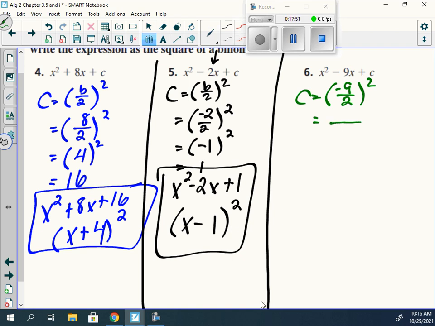Negative 9 over 2 squared, well, the negative is going to become positive. 9 squared is 81, and 2 squared is 4. So we can say that this is x squared minus 9x plus 81 over 4. What would go inside the parentheses? X.